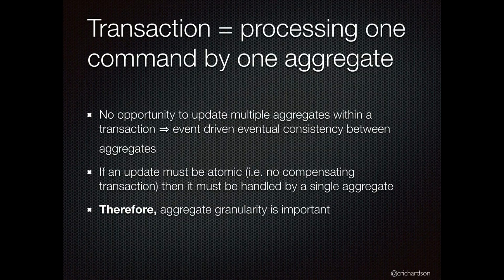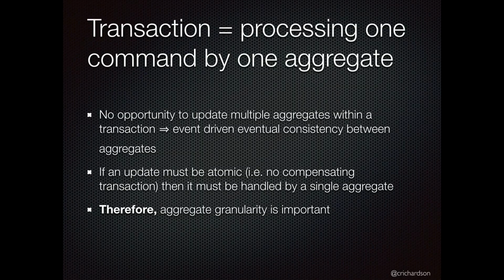And when I read this, it just made no sense, because I was building monolithic systems that had a relational database, so I could begin a transaction, update any number of aggregates or any amount of data in my system, and commit the transaction. And that was pretty straightforward.